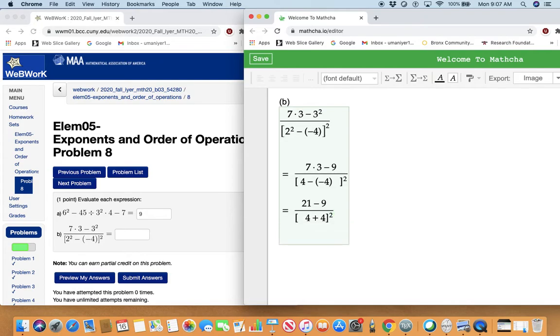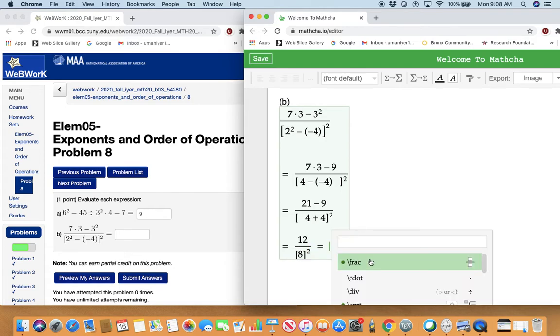Okay, so that is finally a fraction. Numerator, 21 minus 9 is a 12, over 4 plus 4 is an 8 power 2. So that is fraction 12 over 64.